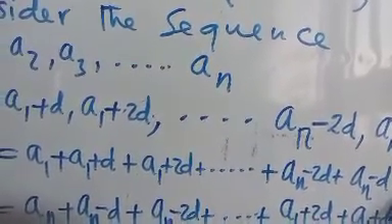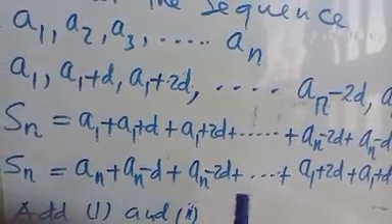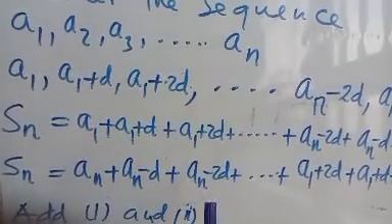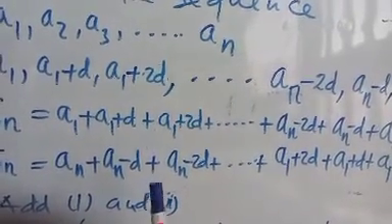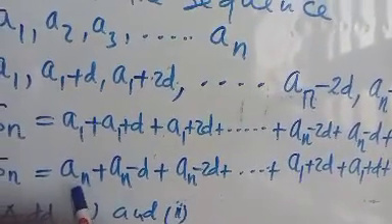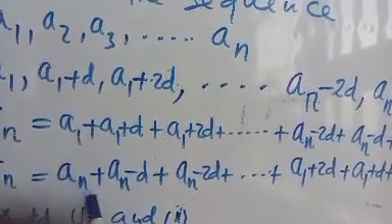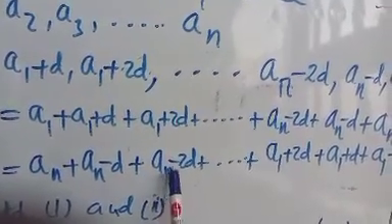Again, we can formulate another equation by reversing the terms of the first equation. On the second equation, we start by writing the last terms. For example, here we have an plus an minus d plus an minus 2d.